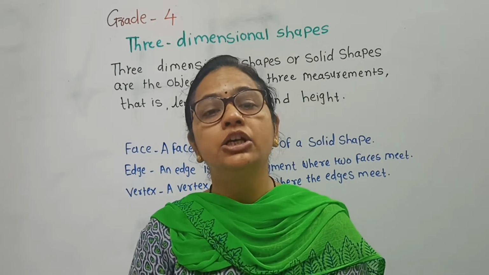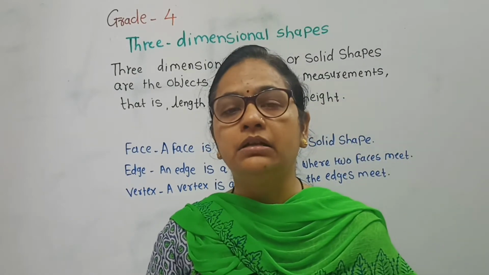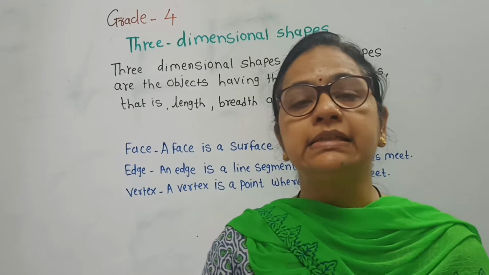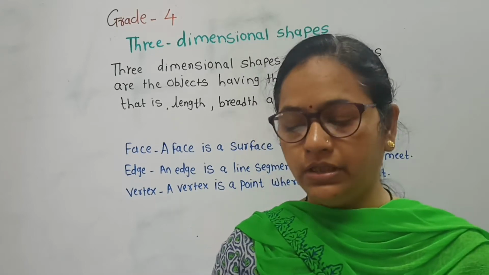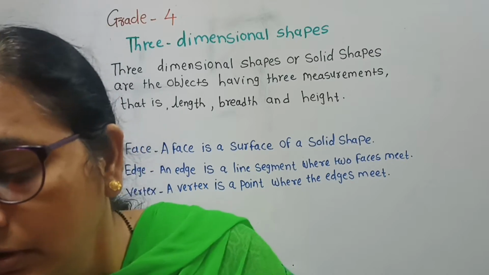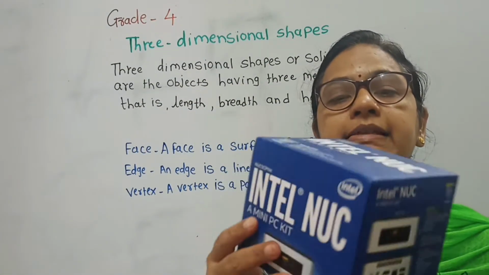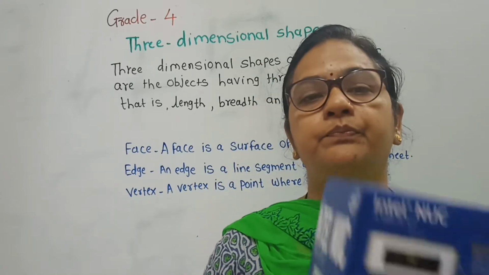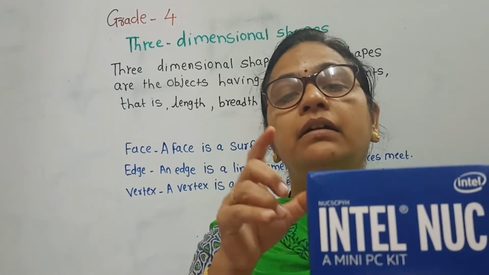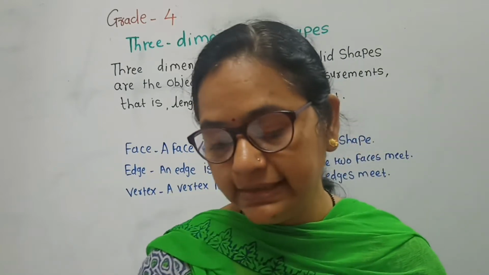These are the solid shapes and you have learned about this in a previous class. Okay, see here, I am showing you the cube shape. This is a cube shape, or an object of solid shape cube.